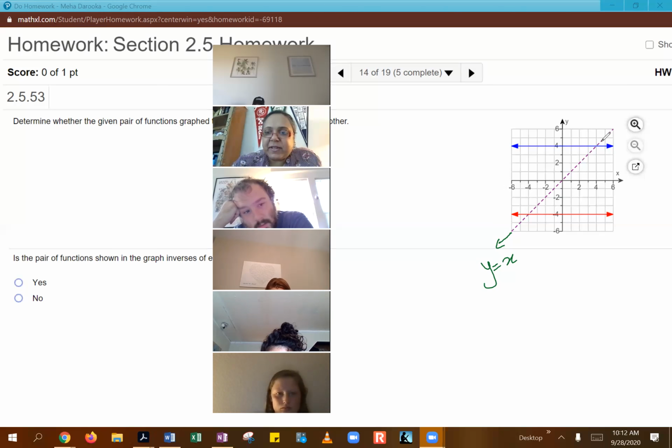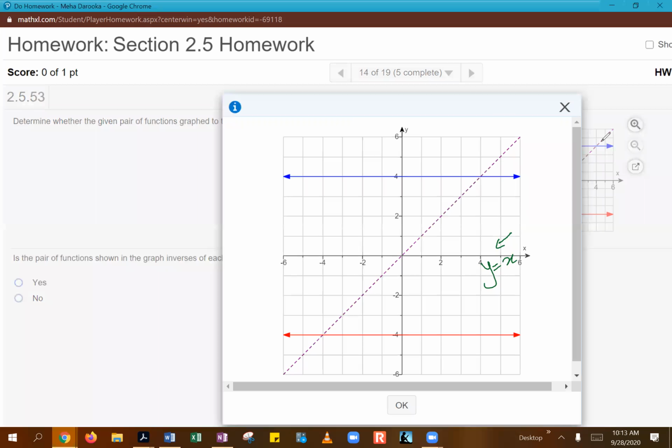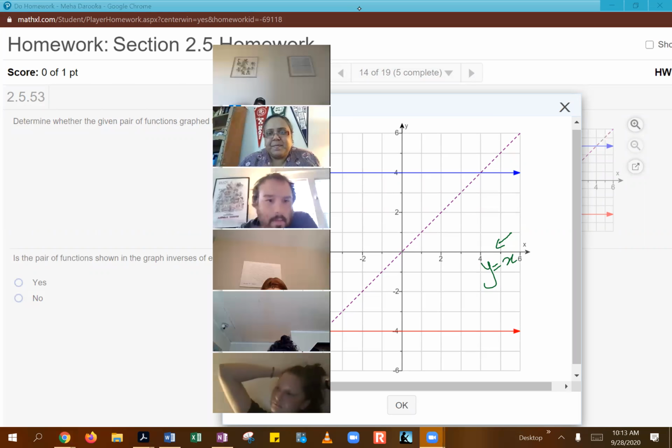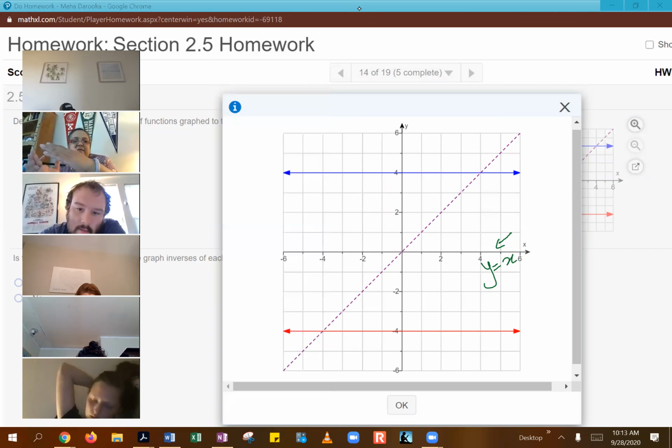So is it a reflection for the two graphs when you look at this function over here? So with respect to the dotted line, are the two halves reflections of each other?